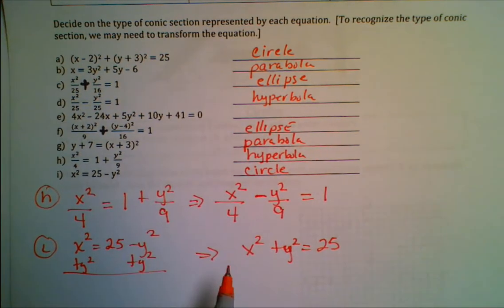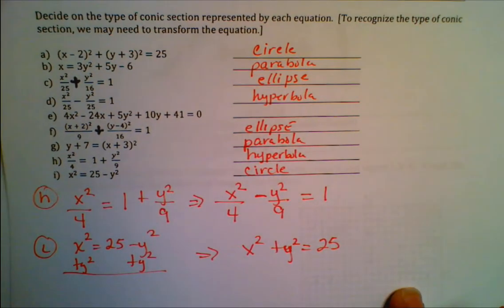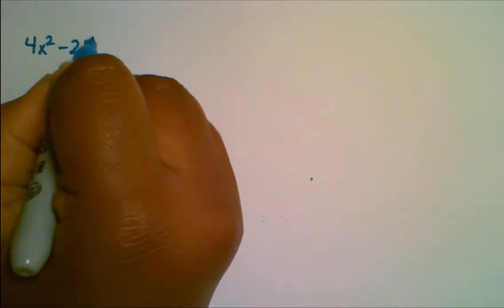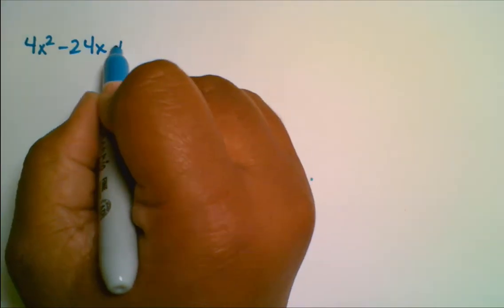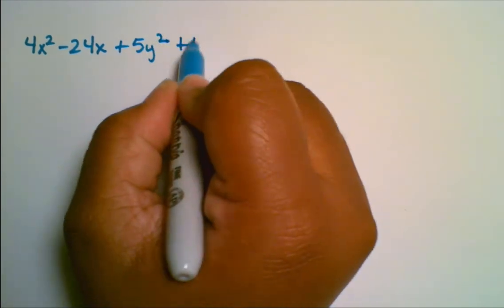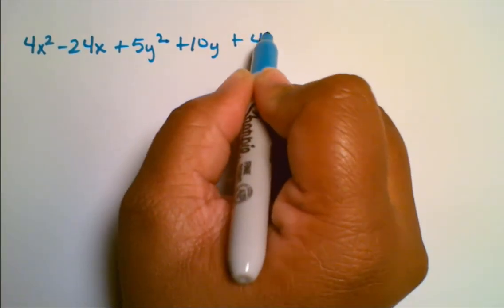So now let's look at letter E, our last example. And we have here 4x squared minus 24x plus 5y squared plus 10y plus 41 equals 0.